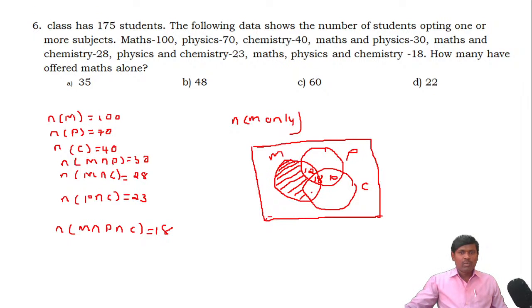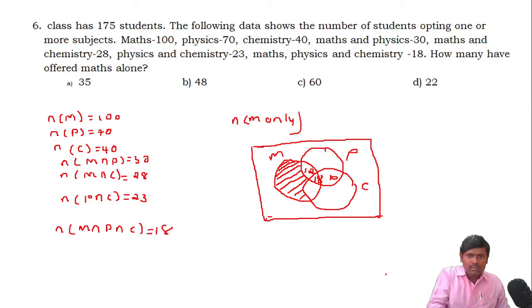Then what about M intersection C? M intersection C is actually 28. Once again, this is P intersection C. P intersection C is what? 23. So this is not 10, this is 5.